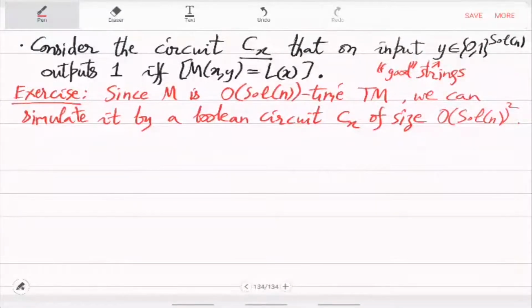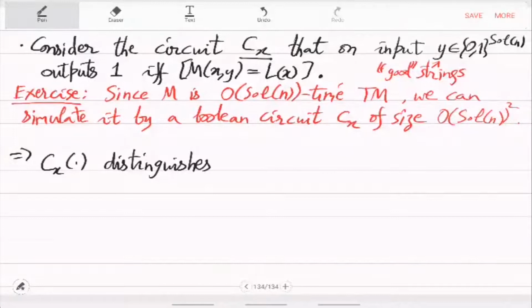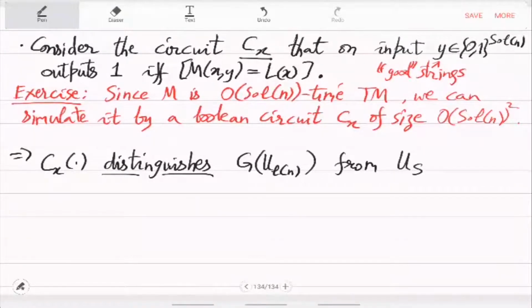So, what this means is that Cx can distinguish G of U_l_n from U_S_l_n, the uniform distributions.